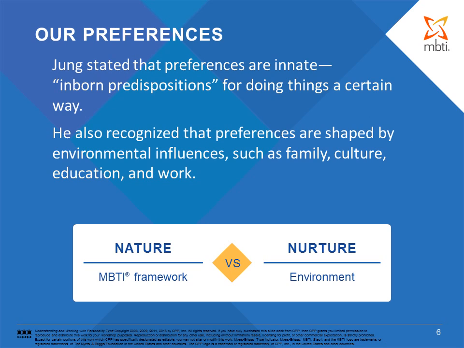As I've said before, Jung believed that our preferences are innate, they're inborn. He also recognized that preferences can be shaped by environmental influences such as family, work, expectations. And so that's that nature versus nurture.